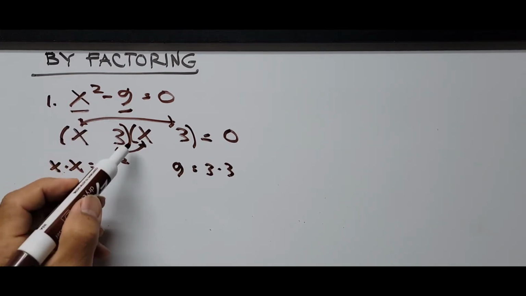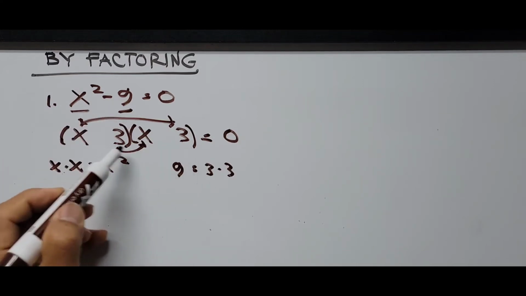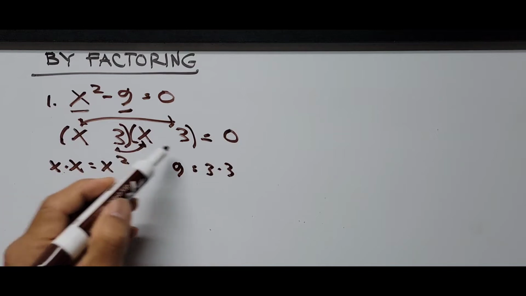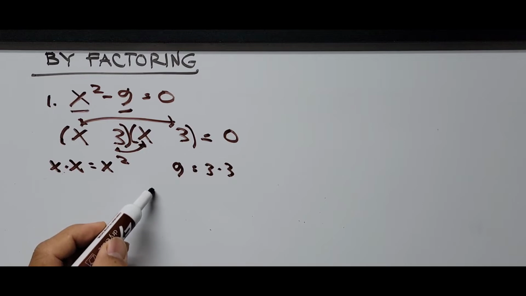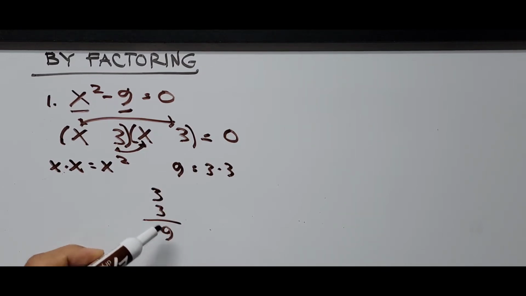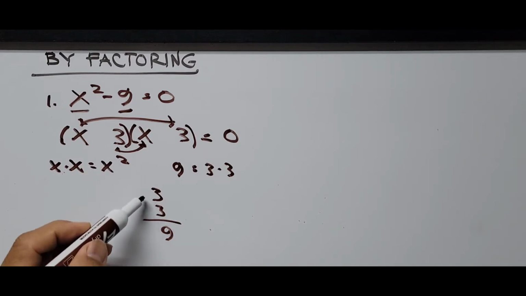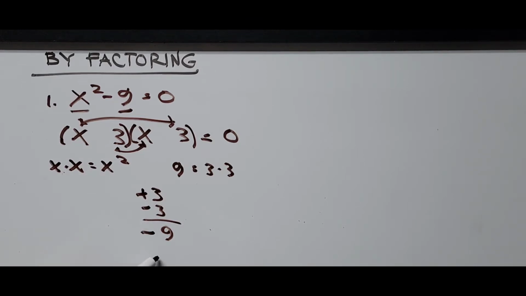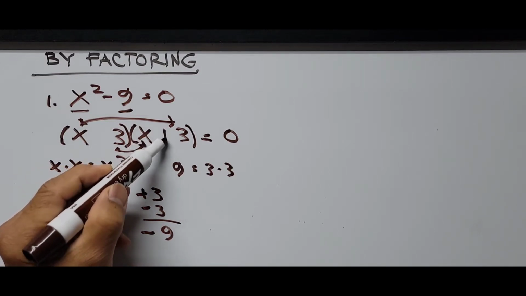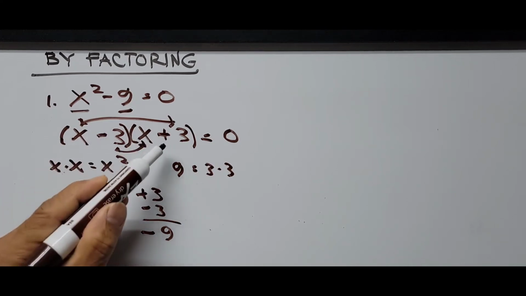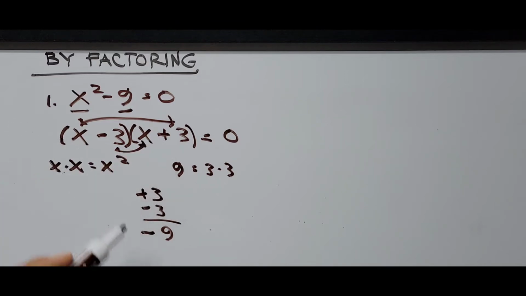To come up with a negative 9, the product of these two terms on each factor, if you multiply 3 by 3, should be 9, and that should be negative. But if you multiply a positive and a negative, it should yield a negative sign. So that means one of these should be positive and the other one negative. It can be negative here, positive there, or either way.